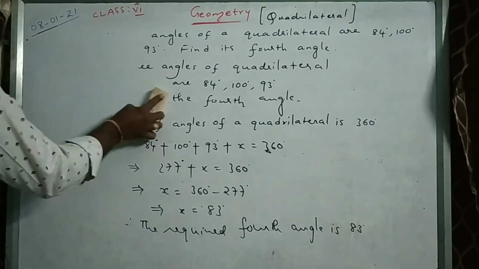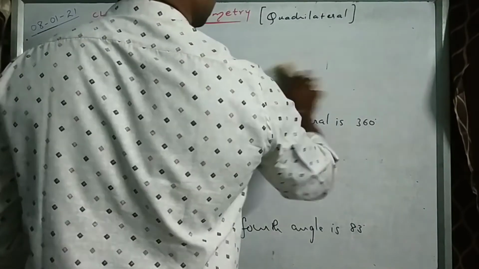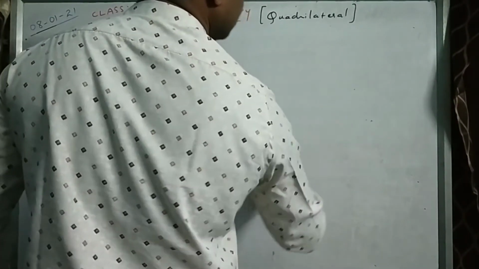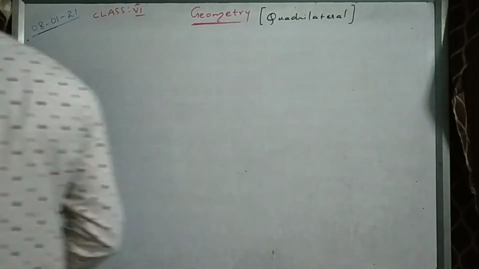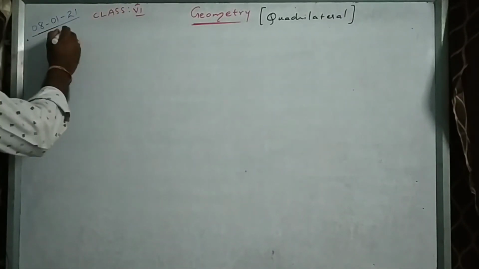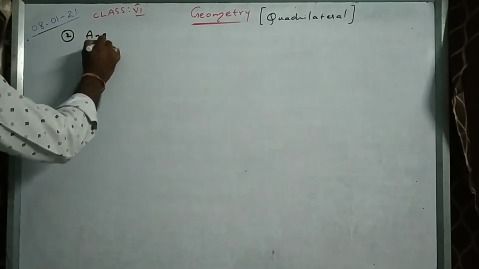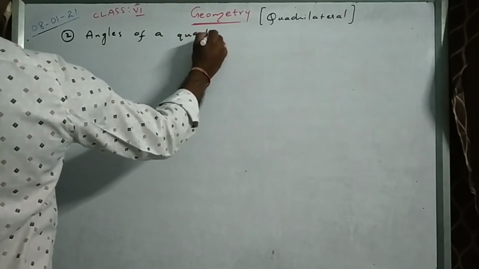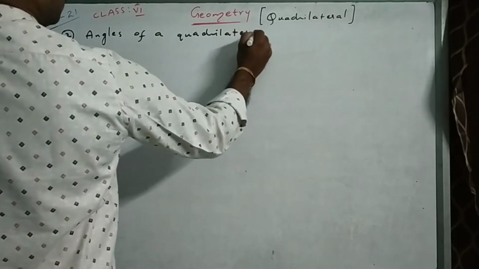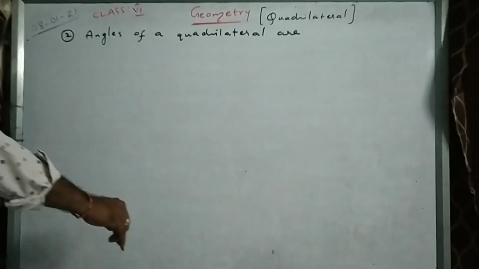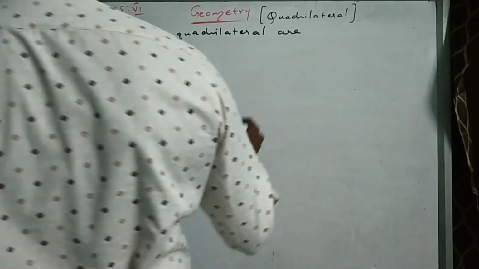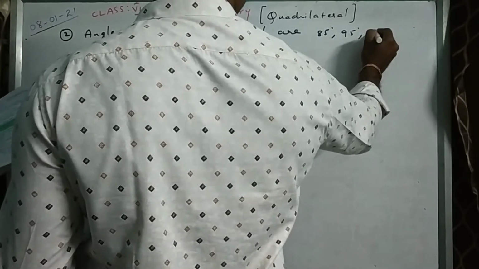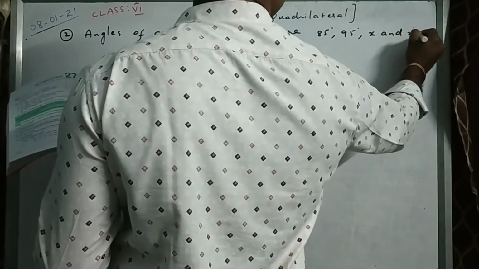Second question. Angles of a quadrilateral are 85, 95, x and x plus 10.